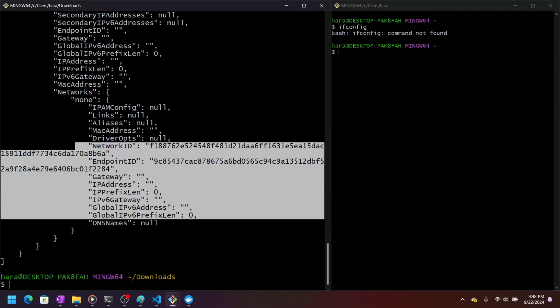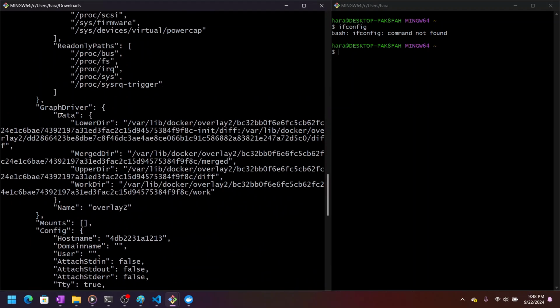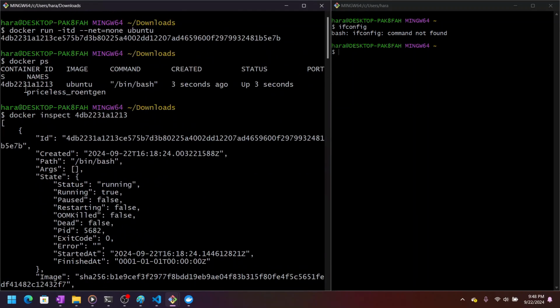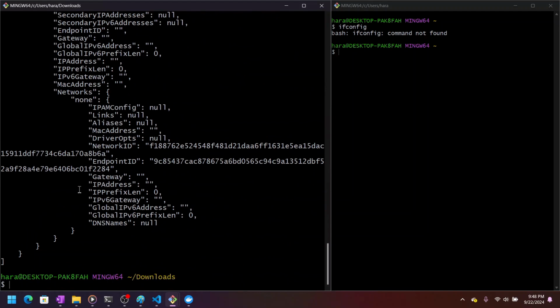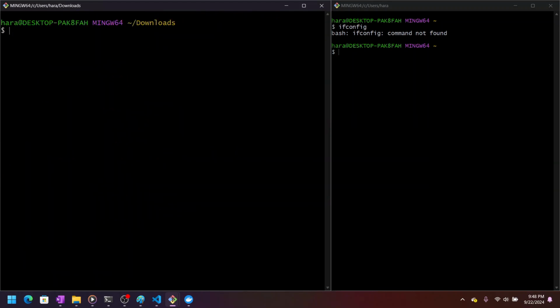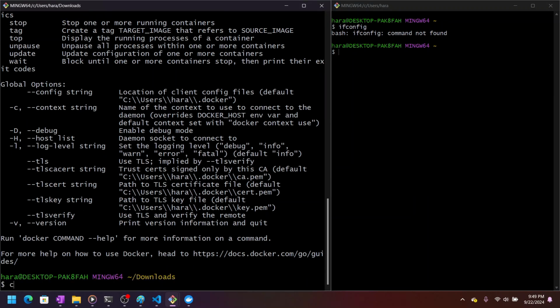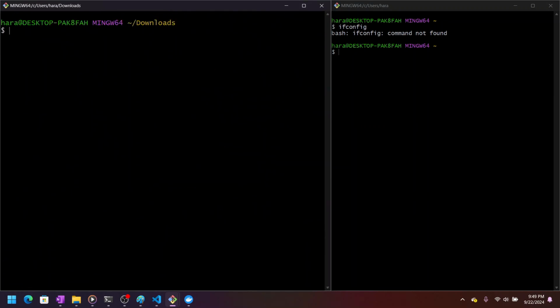See, it doesn't have any IP addresses. So this container, with this ID, will have no network capabilities and it has no network interfaces. Also one thing I forgot to tell you, you can connect a network interface and disconnect a network interface while the container is running.